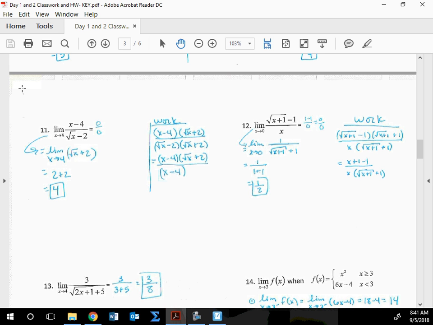If you are not neat and organized with your work and they can't find the answer, you just won't get credit. Every time that you're manipulating the limit, you still need to write the limit. But once you do direct substitution or you apply one of these rules about limits, such as our special trig limits, you no longer need to write the limit. You just drop the limit.